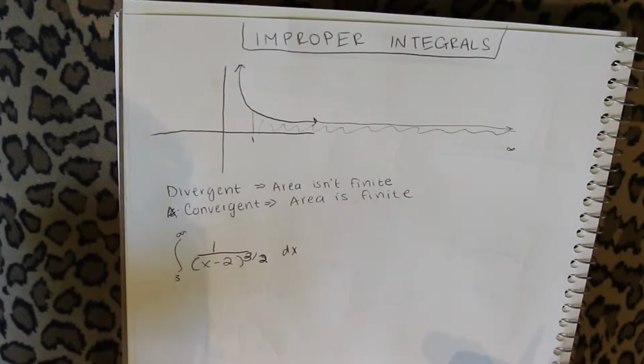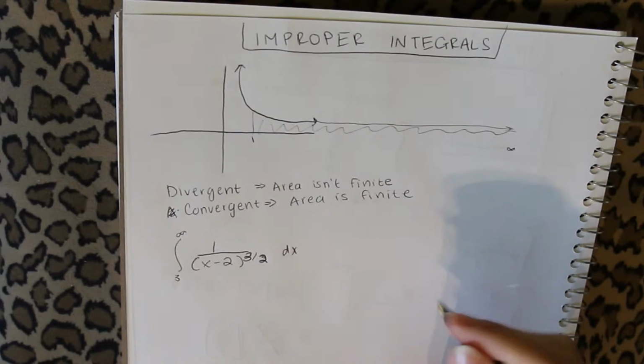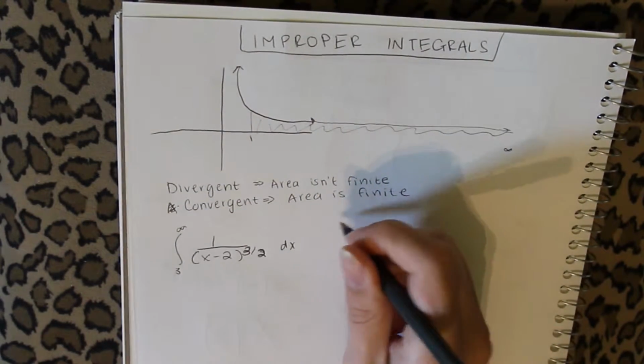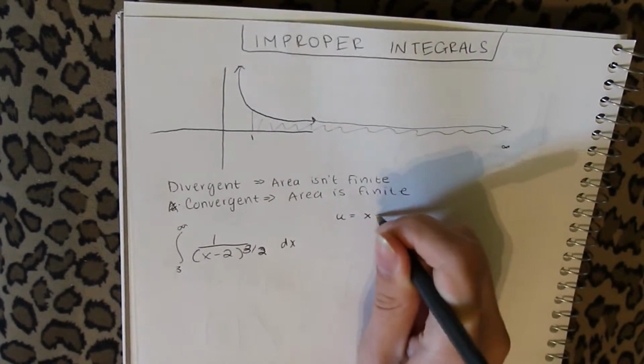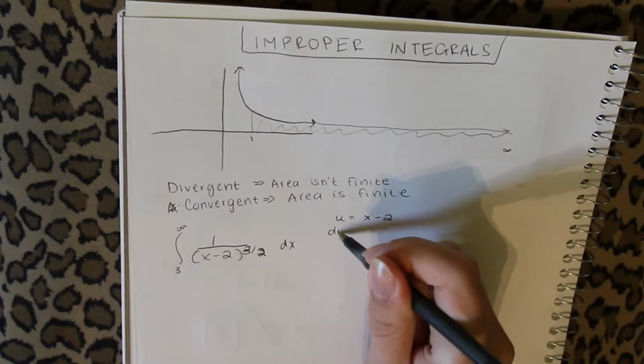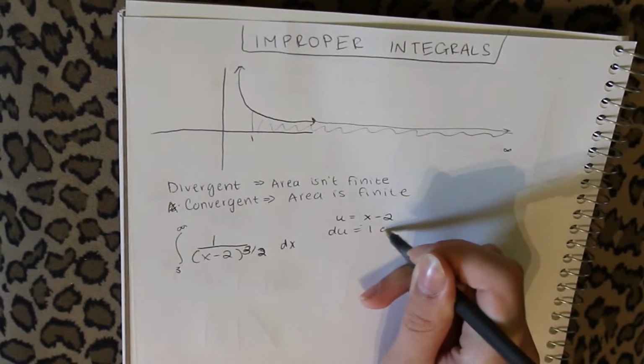The indefinite integral. So maybe you can see that this is a u substitution. We're going to say that u equals x minus 2, and the derivative of x minus 2 is just 1 dx.